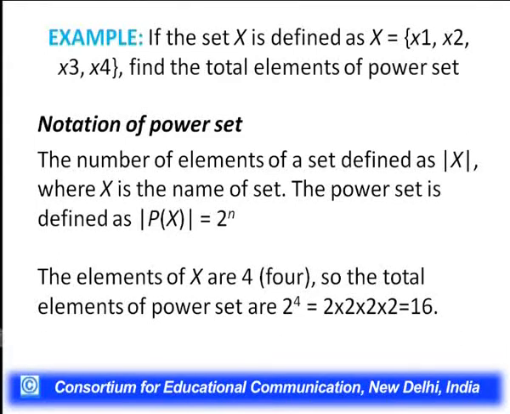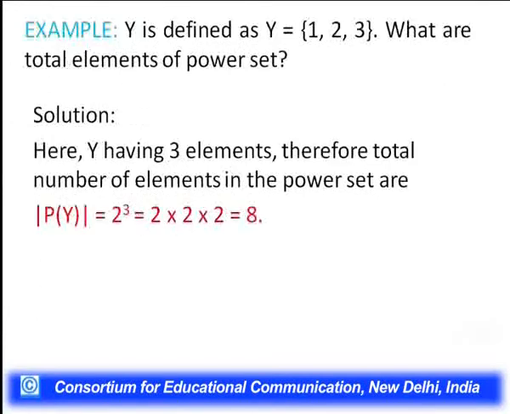In the given example, the number of elements of X is 4. So the total number of elements of the power set is 2 to the power 4. You can expand it and make the computation: 2 into 2 into 2 into 2, which is equal to 16. So 16 is the size of the power set of the given set.